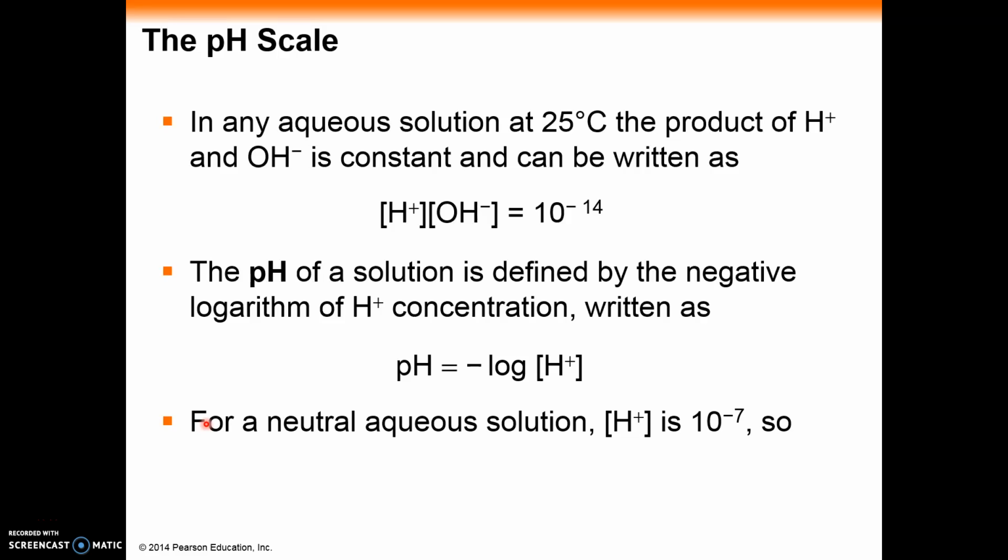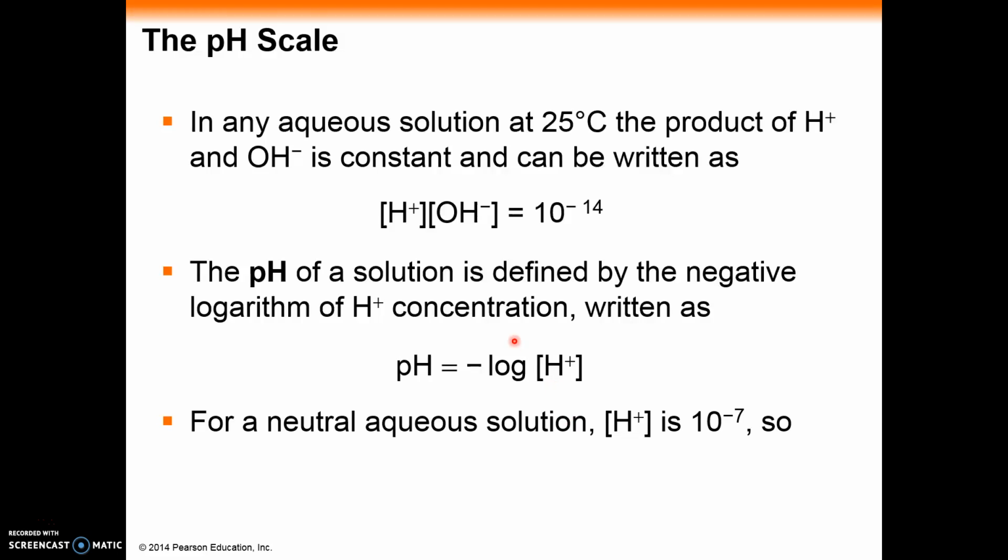So for a neutral aqueous solution, the hydrogen ion concentration is 10 to the negative 7th. Why is that? Well, up here we just described that the combination of these two together is 10 to the negative 14th, so half of that is 10 to the negative 7th.